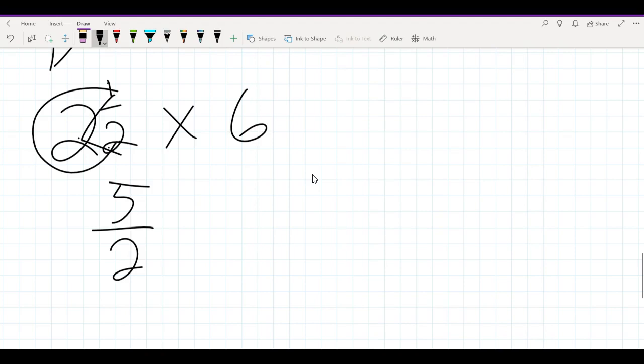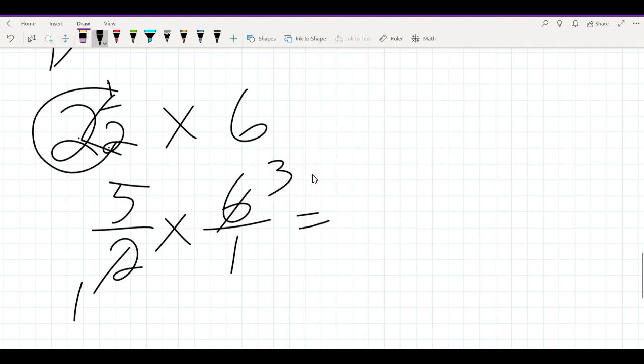That's my numerator, and I keep the denominator. Now I can multiply 5 halves times 6 over 1. 2 goes into there once, 2 goes in there 3, so I get 15 over 1, which is just 15. So when you're multiplying a mixed number times anything, turn it into an improper fraction.